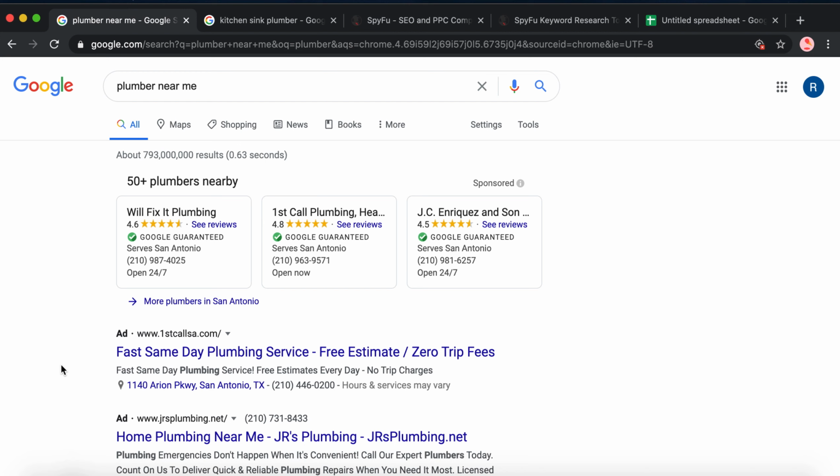Maybe if I target this keyword very finely, then I can beat out all of these people because they're only bidding on it in a broad way. You get a lot of information just by doing these simple Google searches, even before you start using tools, right? So moving forward, let's start using these tools.